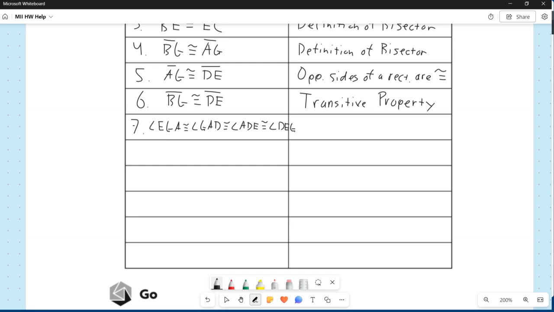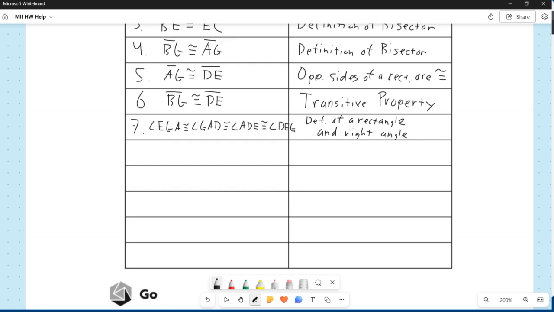And we're able to say that all of them are congruent to each other because of the definition of a rectangle, and also right angles. Honestly, I think if you just said the definition of a rectangle, I think that would be sufficient. But yeah, so all of the angles of a rectangle are congruent to each other.